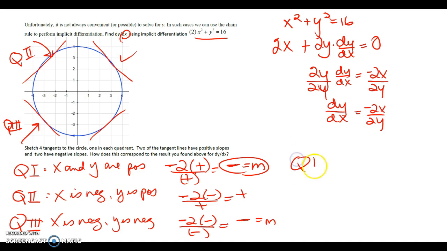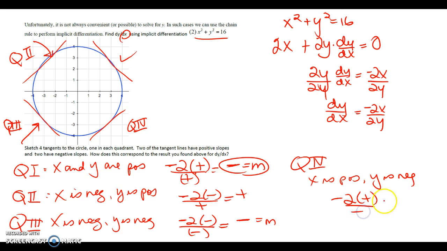And finally, quadrant 4, let's see, x is positive, y is negative, so negative 2 times a positive over a negative equals a positive. And yes, the slope of that line is positive. So our result makes complete sense in this case.